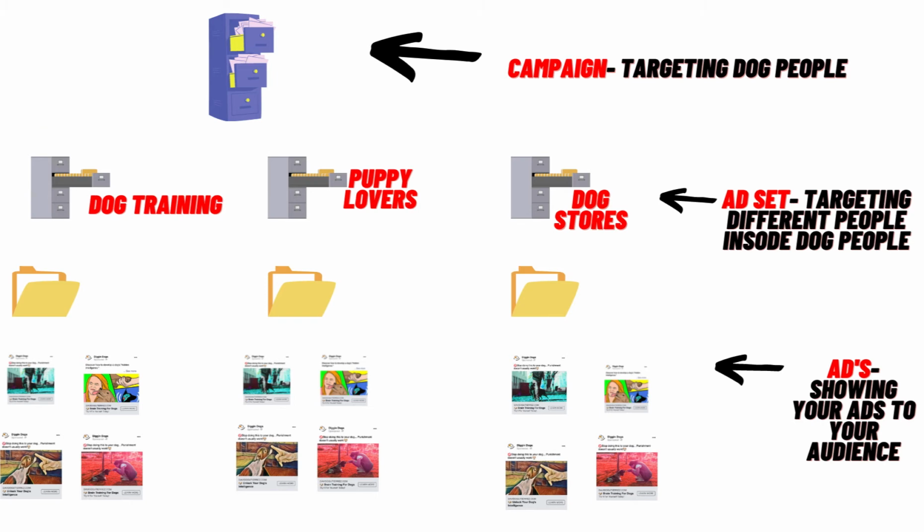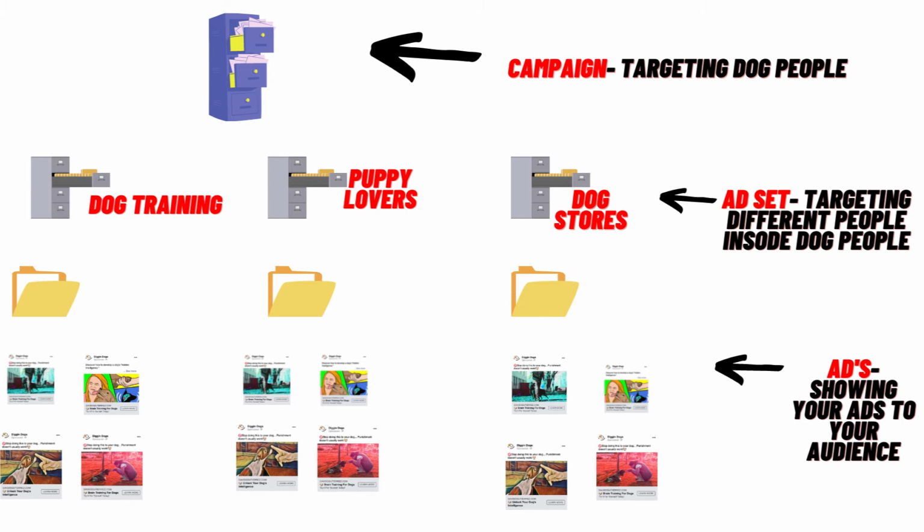The second ad set down here, I'm gonna target people who, let's say, like puppies, okay? Who love puppies, puppy love, learning how to train your puppy to pee on a pad, whatever the case is, right? Everything in this little ad set is about puppies.